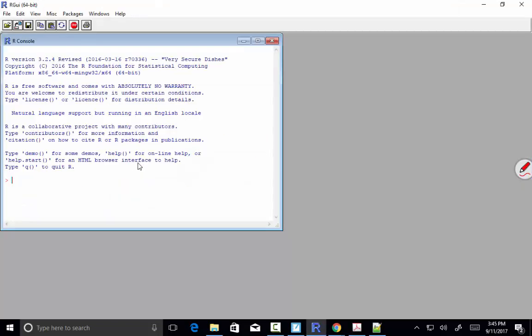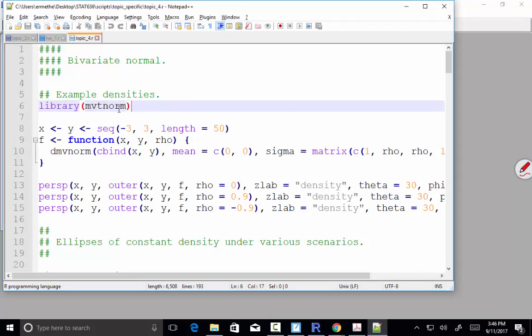So dmvnorm is not recognized. In order to access that function and everything like it, I need to go get the library that it came from. So there is a library on the internet called mvtnorm.